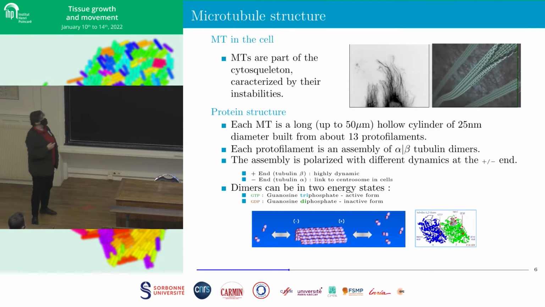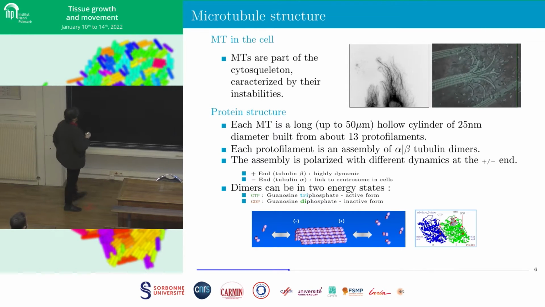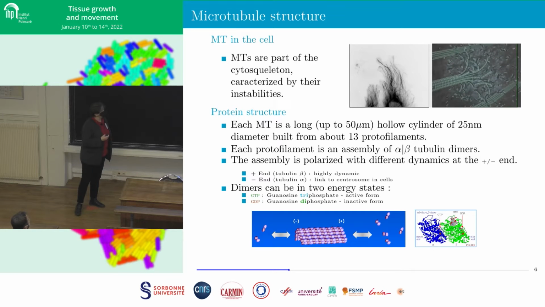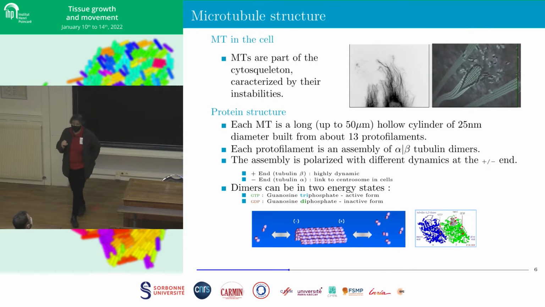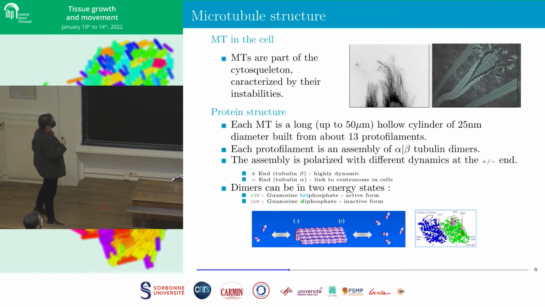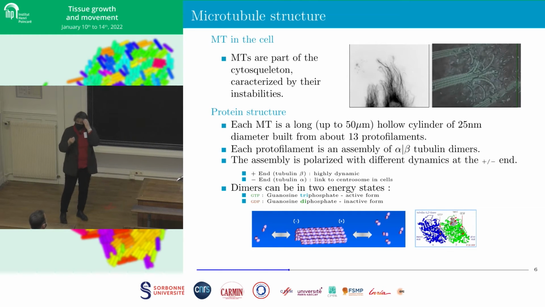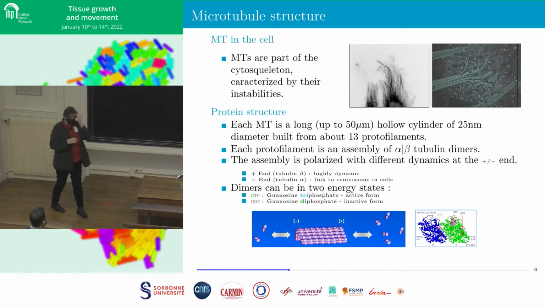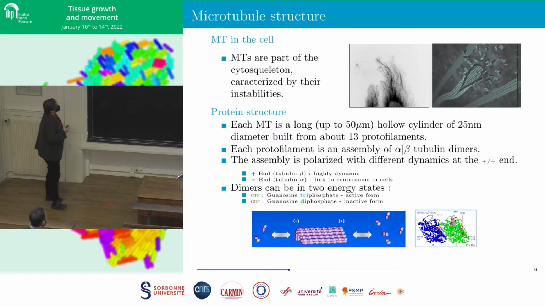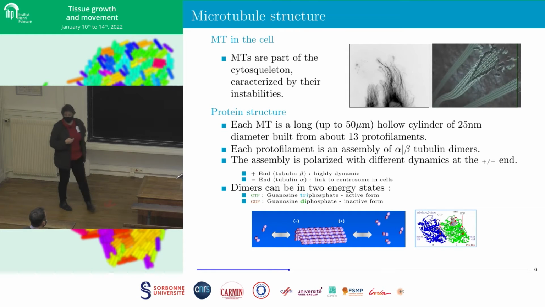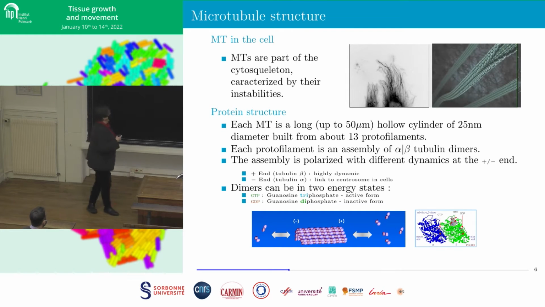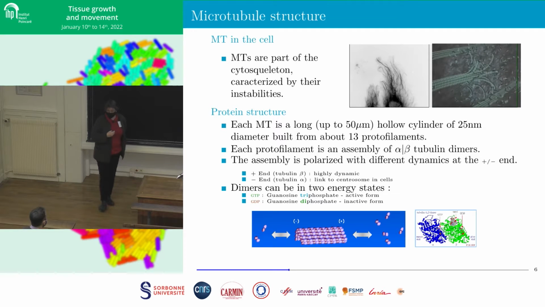These filaments are long cylinders of diameter 25 nanometers. And these tubes are made of about 13 protofilaments. Each protofilament is just an assembly of alpha-beta tubulin dimers.